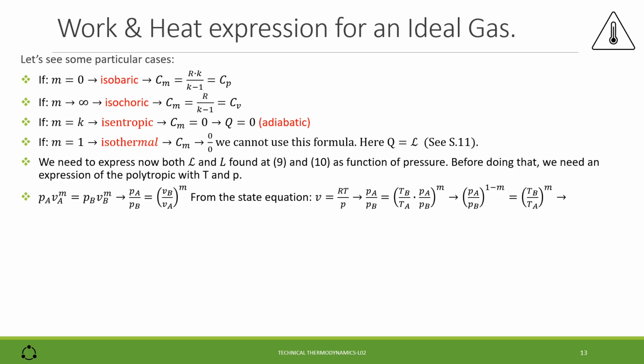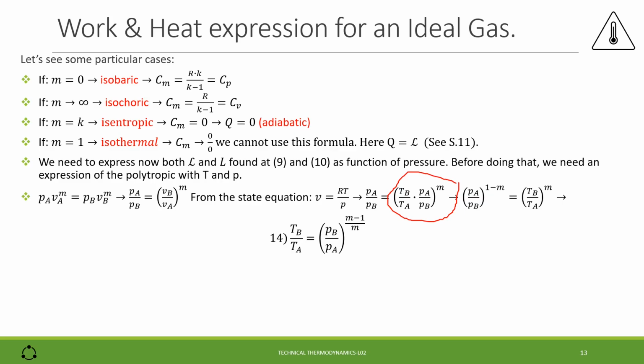And from the state equation we replace ratio of the pressure with the expression displayed here within the loop. Therefore, we can find this relationship PA over PB to the power 1 minus m equals TB over TA to the power m. And finally, the formula 14, TB over TA equals PB over PA to the power (m minus 1) over m.